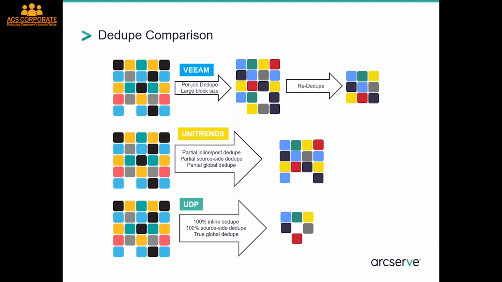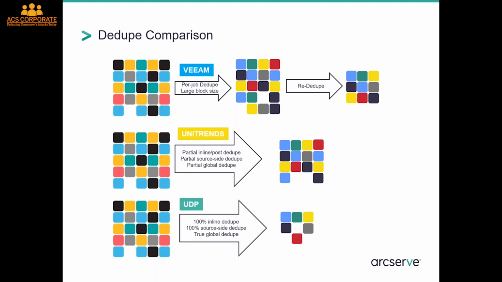As a result, they're often saying to customers, go and buy a Data Domain box if you're in a very large environment and you want true global dedupe on your backup sets and higher dedupe ratios. That's why you can see that second arrow says re-dedupe, because they're pushing you to dedupe the data again using a more effective dedupe solution at the back end.